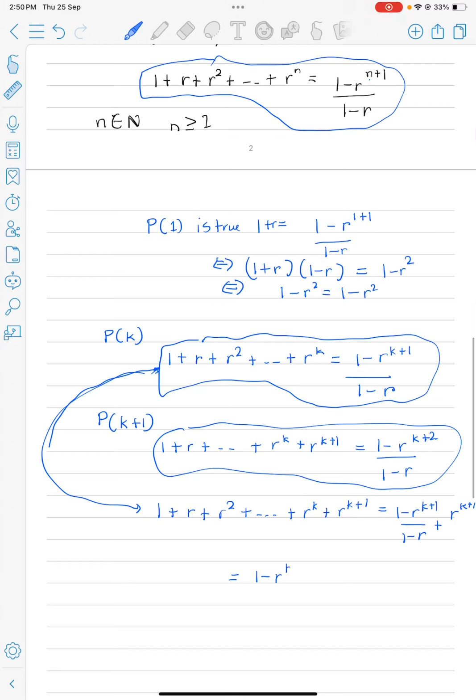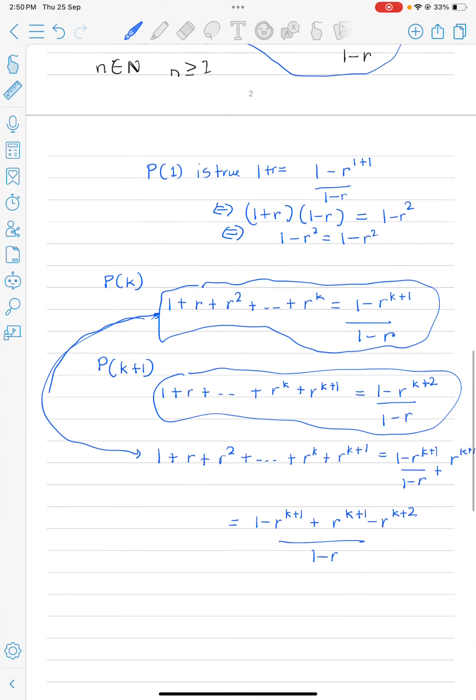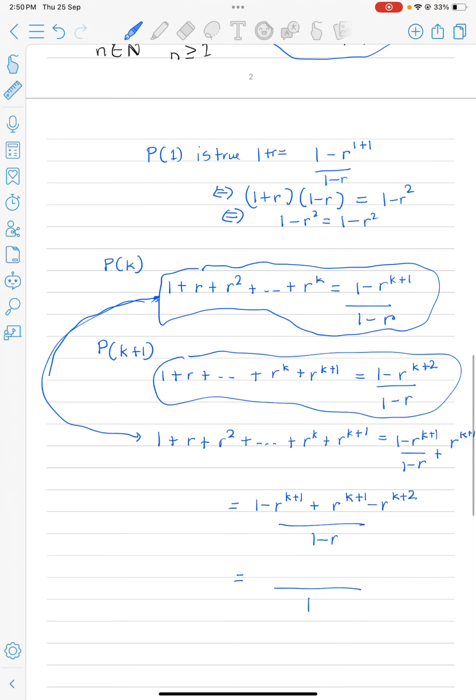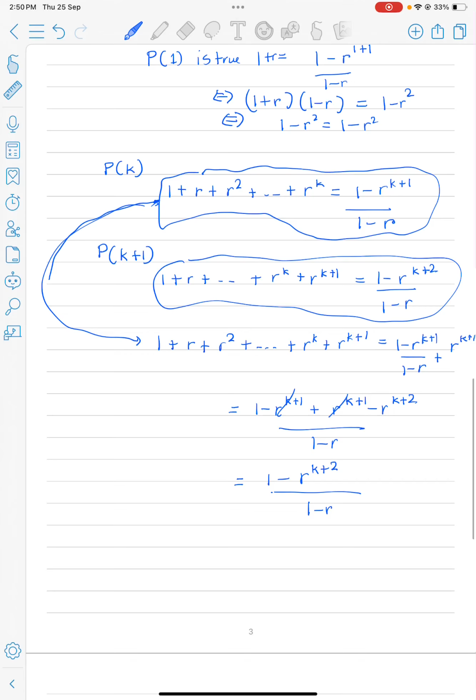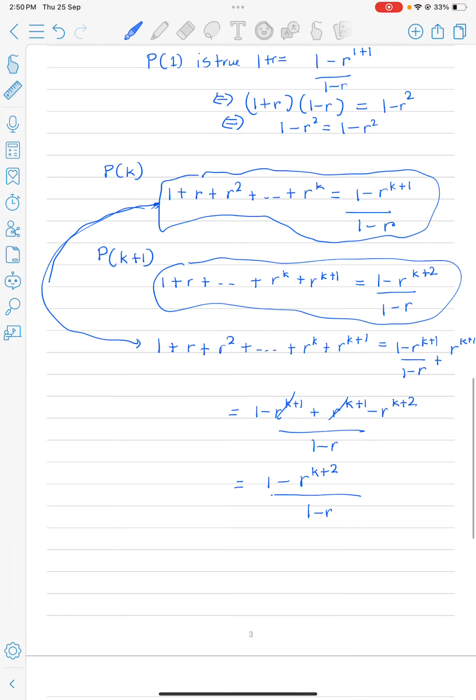So this will be 1 minus R k plus 1 plus R k plus 1 minus R k plus 2. I have taken 1 minus R common denominator. So this one cancels, and you will get 1 minus R k plus 2 by 1 minus R. Okay, so we have shown that Pk plus 1 is true. So this Pn statement is true for all n greater than or equal to 1.